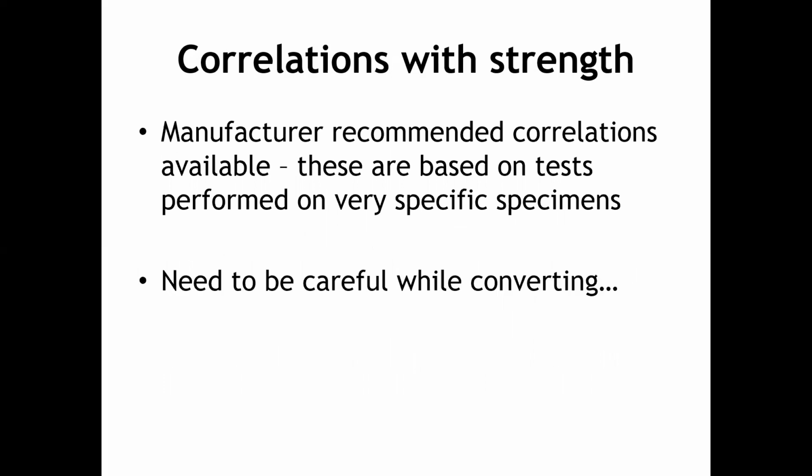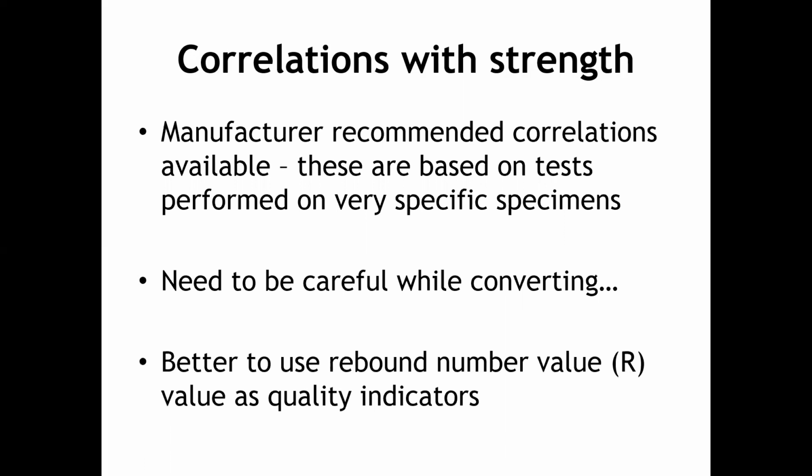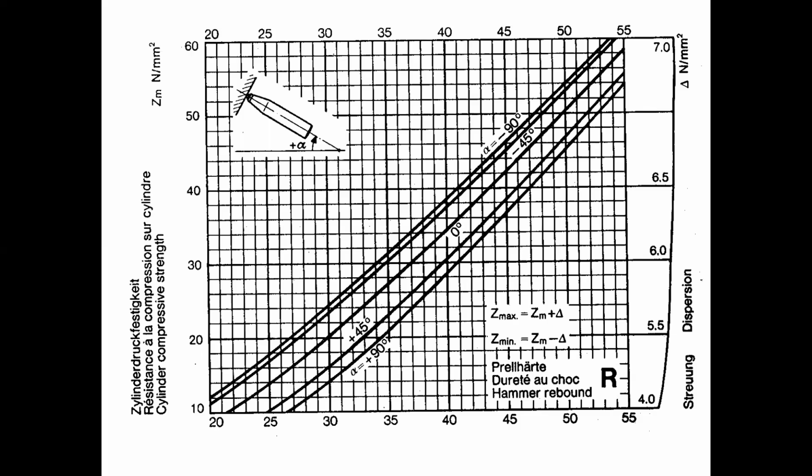So we need to be very careful while converting it, unless we have got the data available of cubes of that particular aggregates and that particular site, we will not be able to really do a proper correlation of strength with this number. So it is always better to use the rebound hammer only for a quality indication, definitely not for predicting the compressive strength of the concrete.